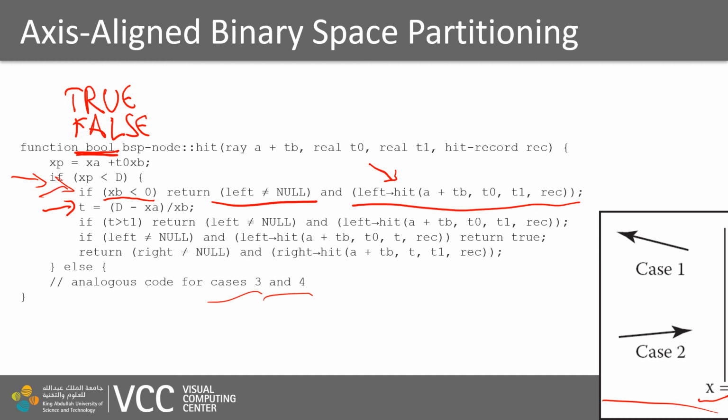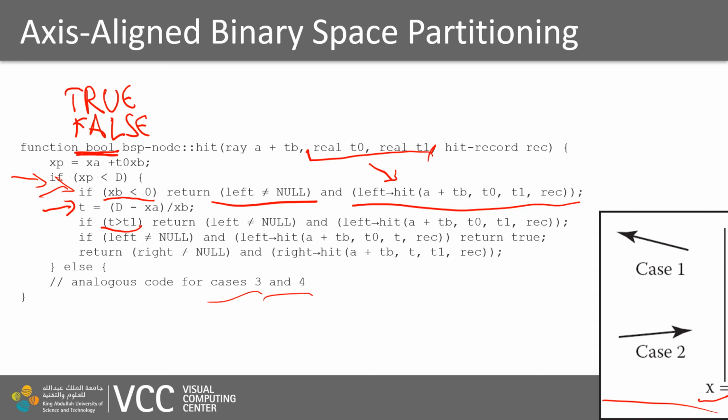interval of T0 to T1. We find out whether our T is bigger than T1. So we are only interested in intersections in this interval of T's.